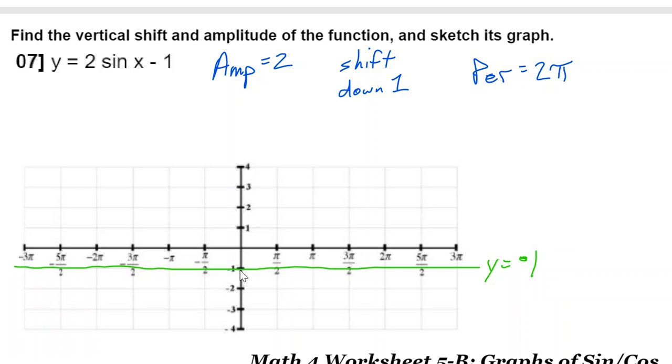Now, this is a sine, so we'll start on the axis moved. And that means we'll finish up over here at 2 pi, and then we'll cross in the middle. And we will go up 2 amplitude units, and then we will go down 2 units. We'll connect the dots.